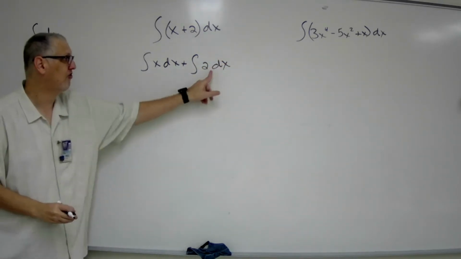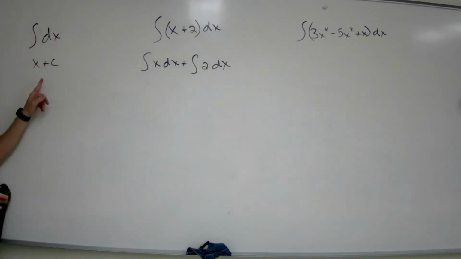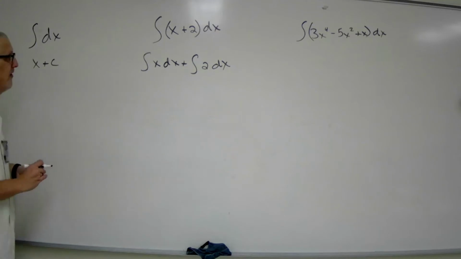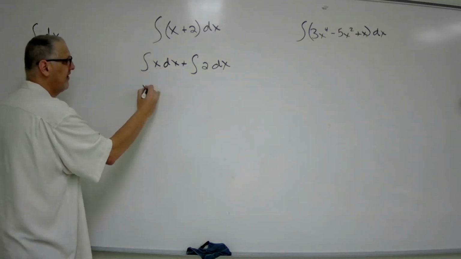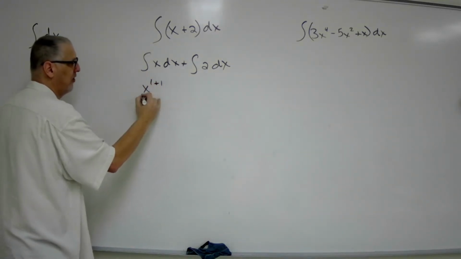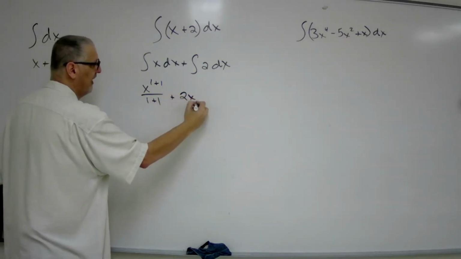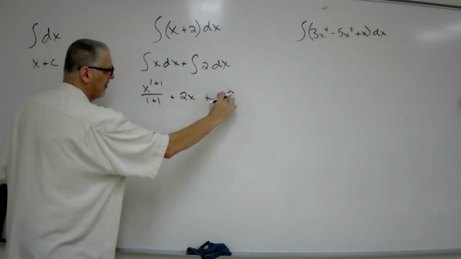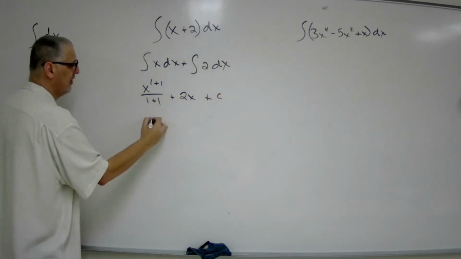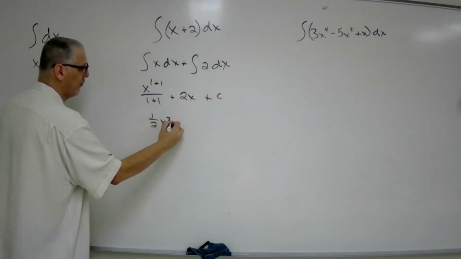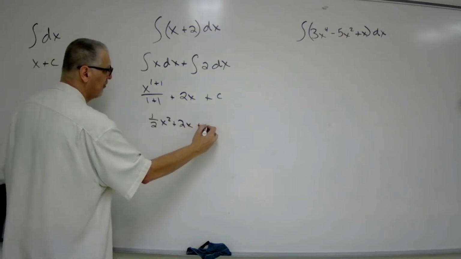I could pull this 2 out, but because it's so simple, I'm not going to. I'm just going to integrate it. This is x to the 1 plus 1 over 1 plus 1, plus 2x plus c, ugly c. This gives me 1/2 x squared plus 2x plus c. Done.